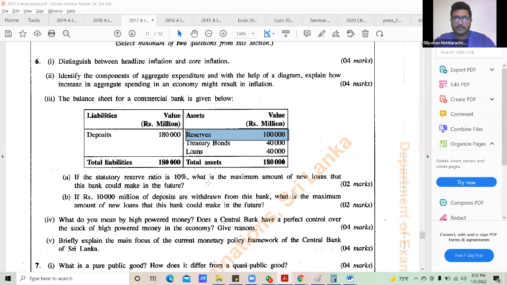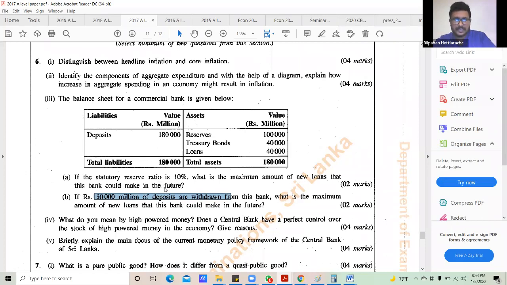So then we have to draw a new balance sheet after this withdrawal. So here somebody will say Chin Chun Chang came to Sampath Bank and withdrew 10,000. So what will be the balance sheet after that? This available balance sheet we have to adjust accordingly.